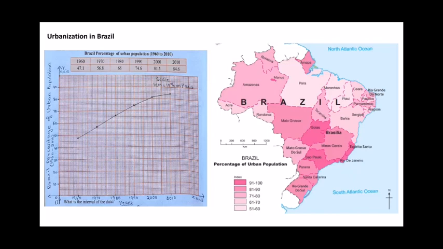So the interval is 10 years. In 1960, the percentage of urbanization was 47.1%. In the following 10 years, by 1970, it grew by 9.7%.